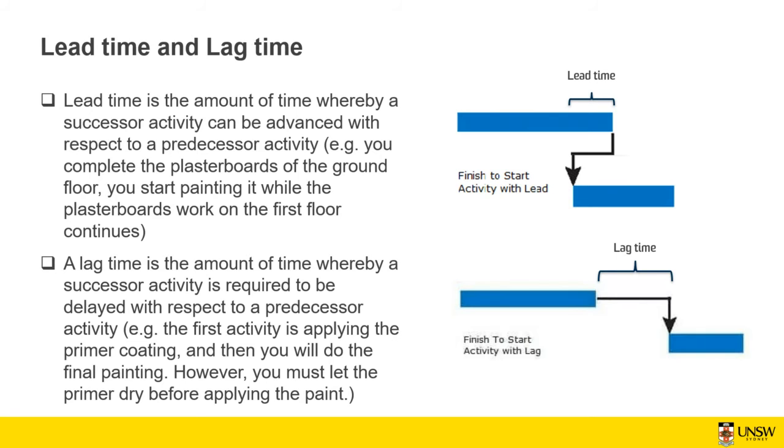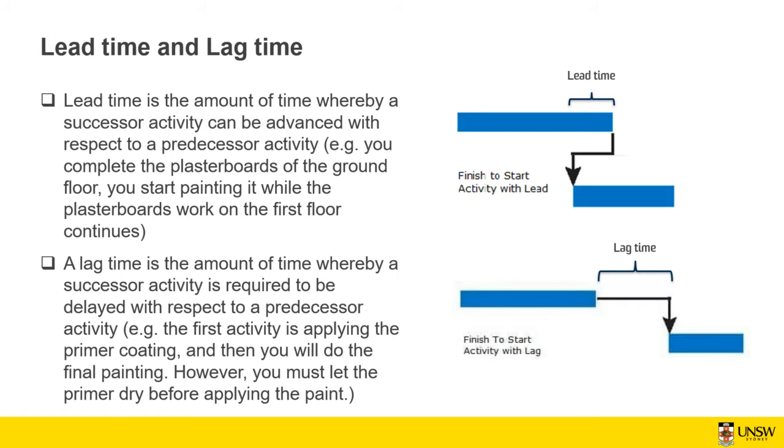So it means that you don't necessarily need to completely finish a task in order to start another task which is dependent on that. So painting is dependent on the installation of the plasterboard, but you don't need to completely finish the plasterboards in order to start painting.